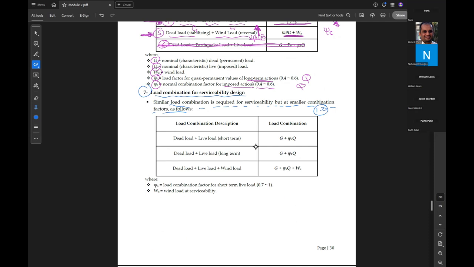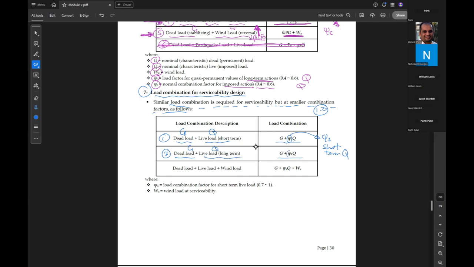So the first load combination for serviceability is dead load G plus live load Q, short term. So we have G plus psi S Q. Psi S means short term for live load Q. And the second is G plus live load long term.